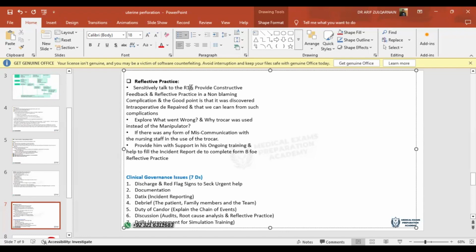And if there was any form of miscommunication with the nursing staff, we will provide him with support in his ongoing training, and we will help to fill the incident report, and we will complete the form B and reflective practice. Okay. So we don't use this form here, but we should know that we have to discuss reflective practice with him sensitively, and ask him why he has used the trocar instead of uterine manipulator, whether there was any miscommunication, and we will provide support in his ongoing training.